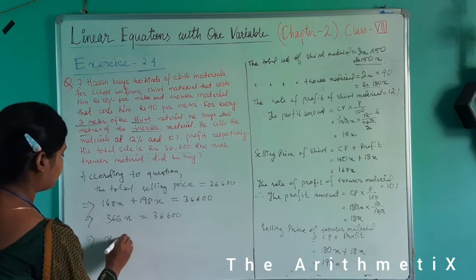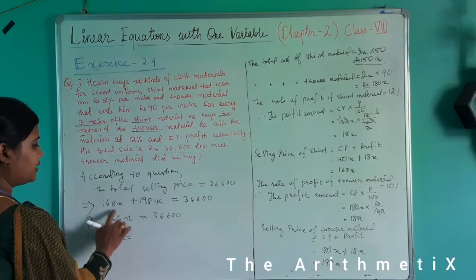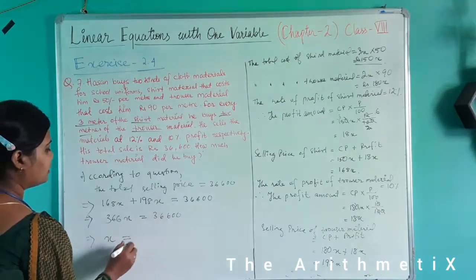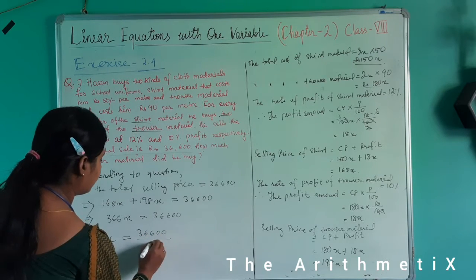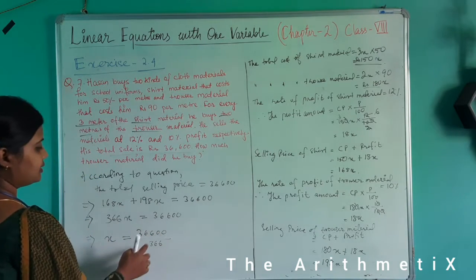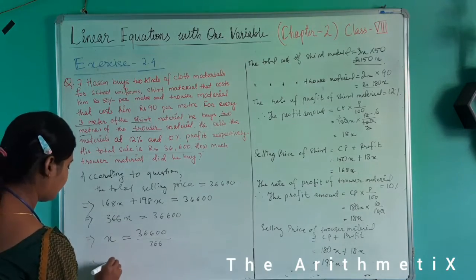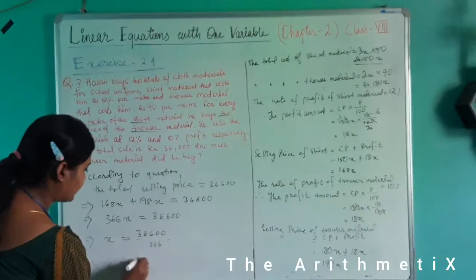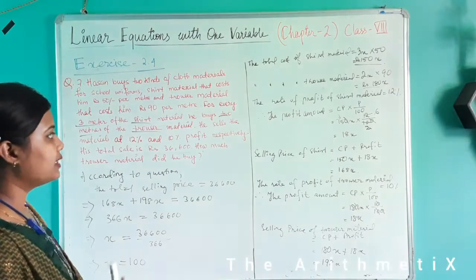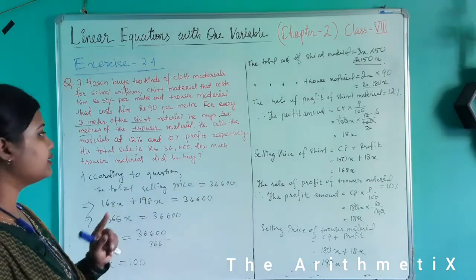So the value of x equals, let us divide the RHS by 366. While solving, we get that x is equal to 100. So now we found the value of x is 100.